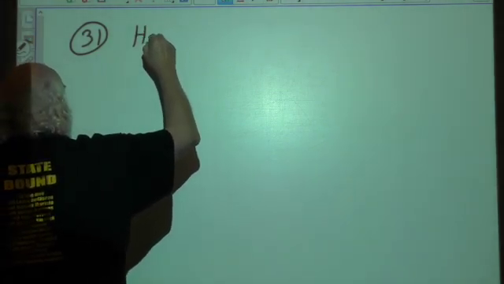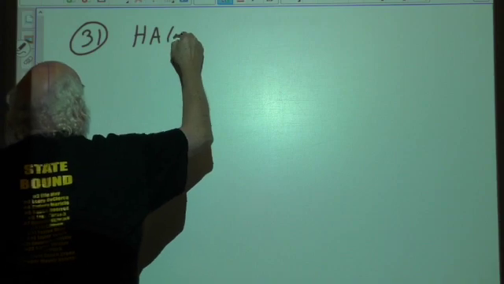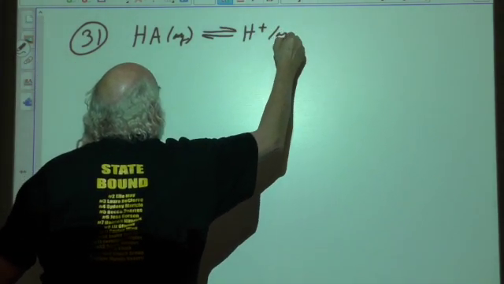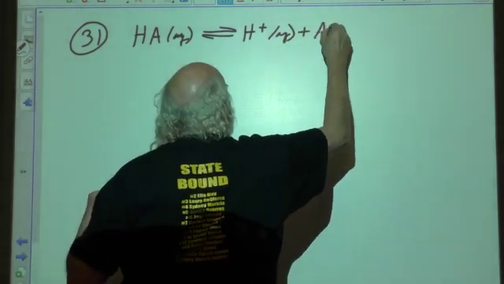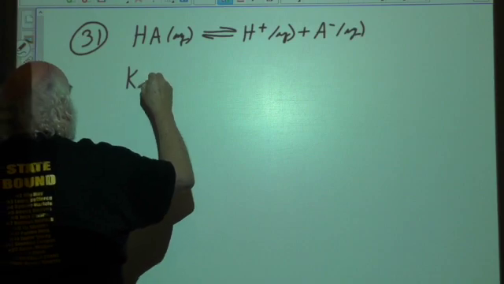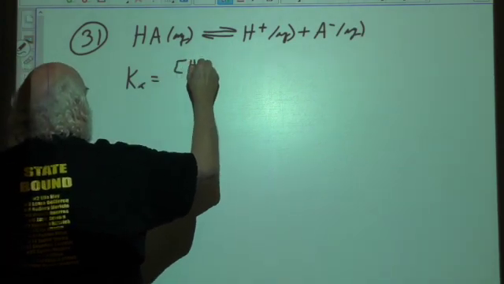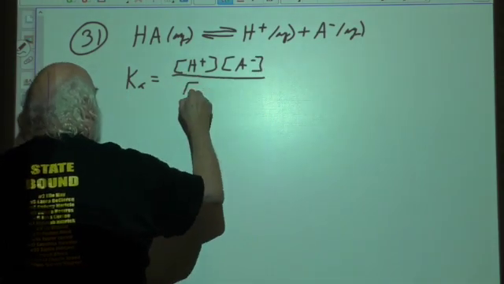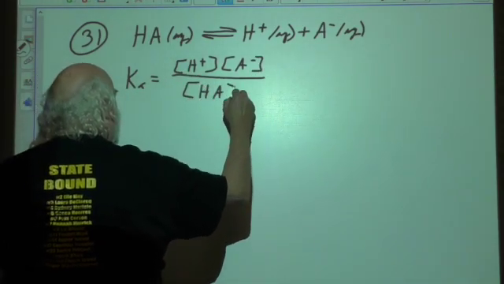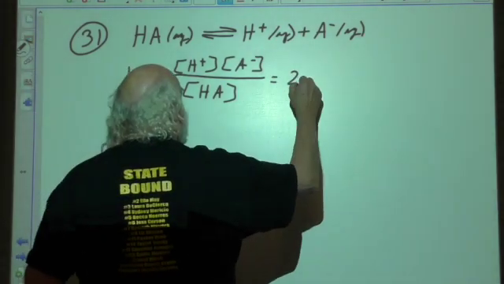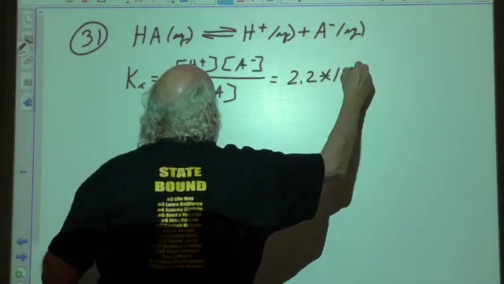HA aqueous goes to H positive aqueous plus A negative aqueous. And Ka for this is equal to H positive concentration times A negative concentration over the concentration of HA. And they do give us the value for this in this problem, which is 2.2 times 10 to the negative fifth.